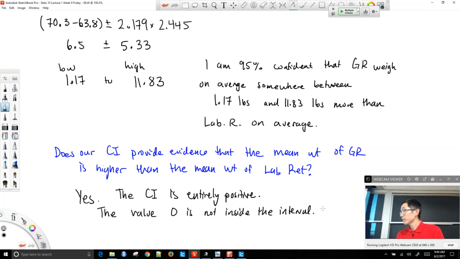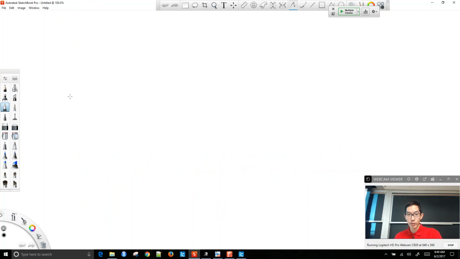If we did some other breed, or let's say we took another sample and we ended up going from -3 to +6 or something like that. So let's pretend another confidence interval goes from -3 to +6, okay? And then we ask the same question.